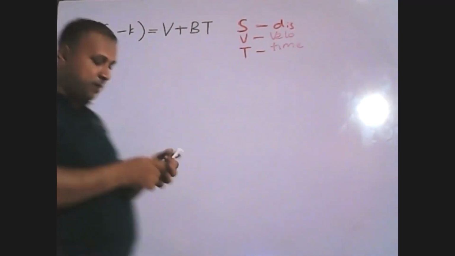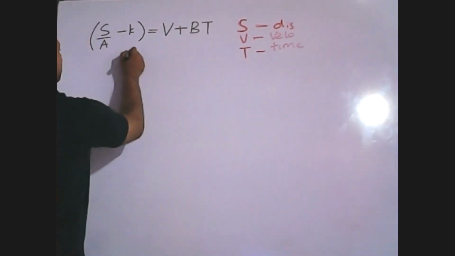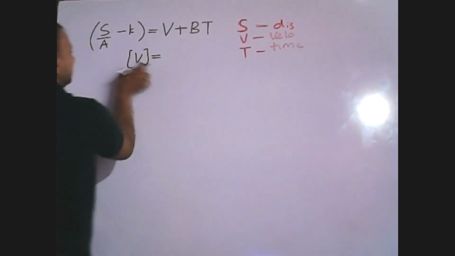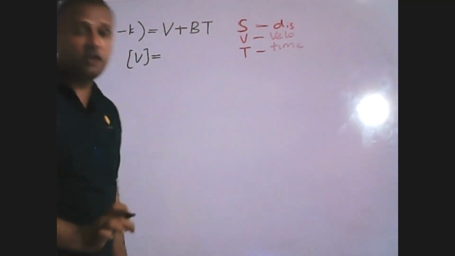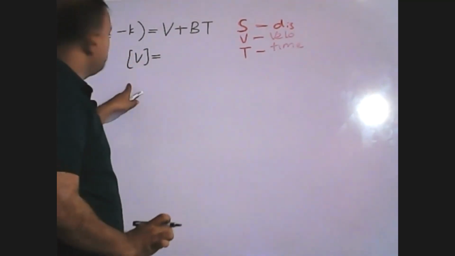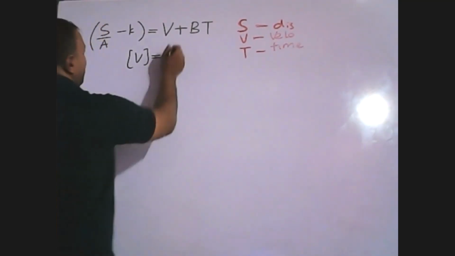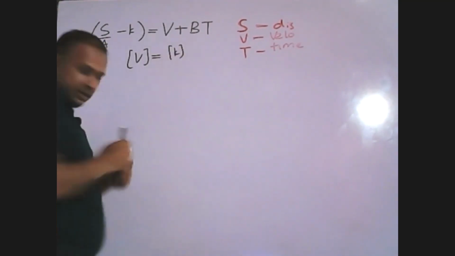So the dimension of velocity should be the dimension of k, no? Dimension of k.